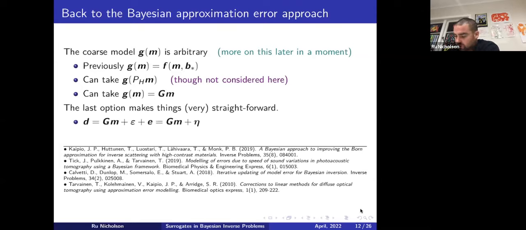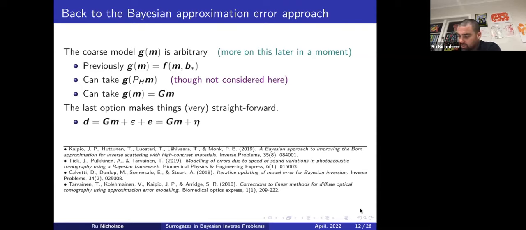We can also use it to reduce the dimensionality of the problem, not only of the forward problem, but also the dimensionality of the parameter itself. So that can actually induce some uncertainty. Often people take KL expansions or things like that and truncate, and that can induce significant model uncertainties.